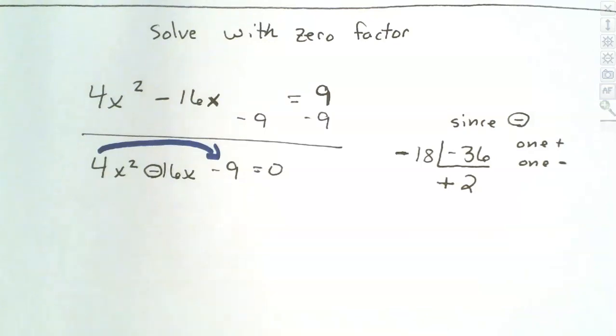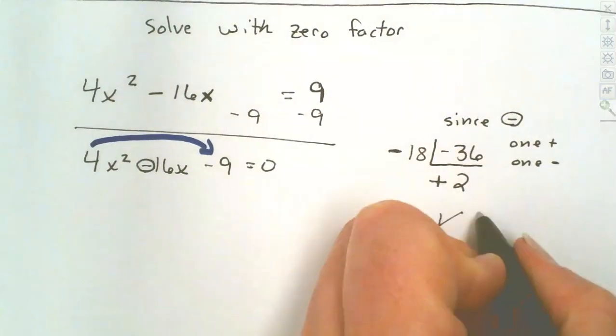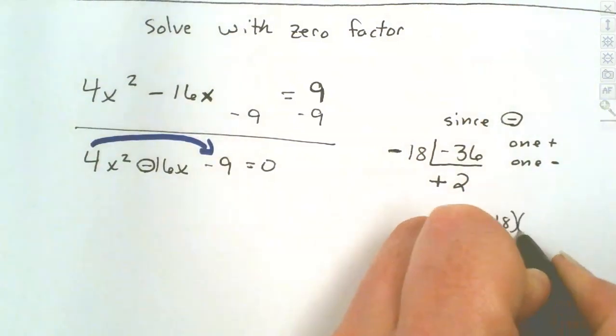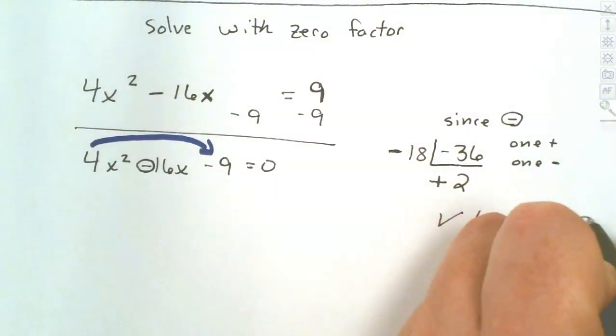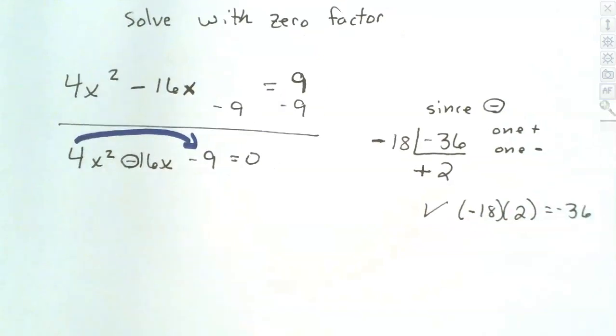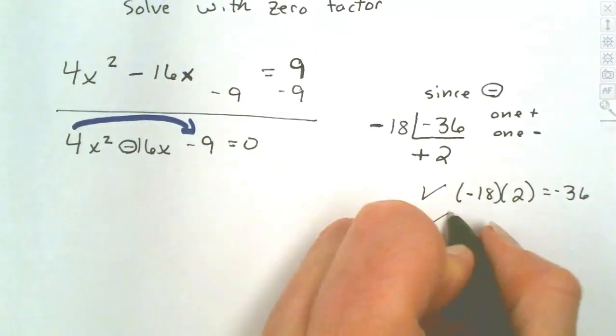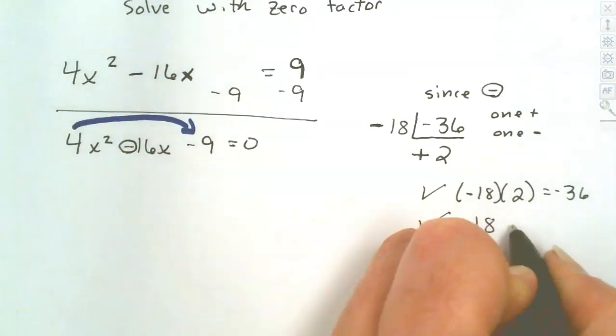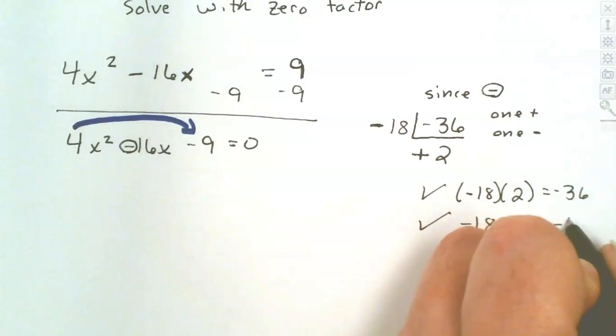Negative 18 plus 2, what is that? Negative 16, and that matches the middle. So just so we know, here's how we can check. Negative 18 times 2 is a negative 36, so that works. We can also check negative 18 plus 2 is a negative 16.